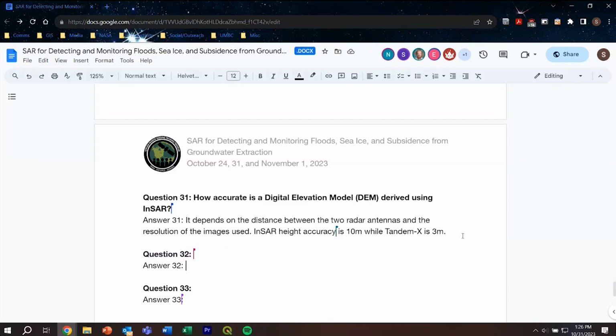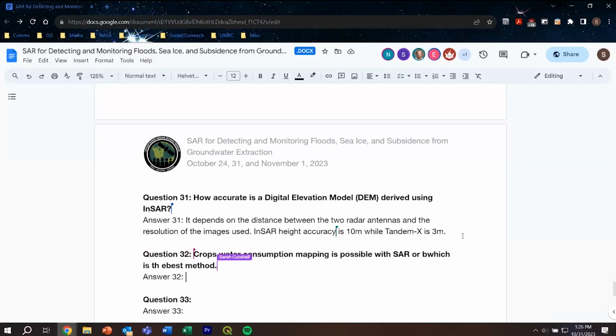Okay, so here's another one. To map crop water consumption, is it possible to do this with SAR? And what would be the best method?